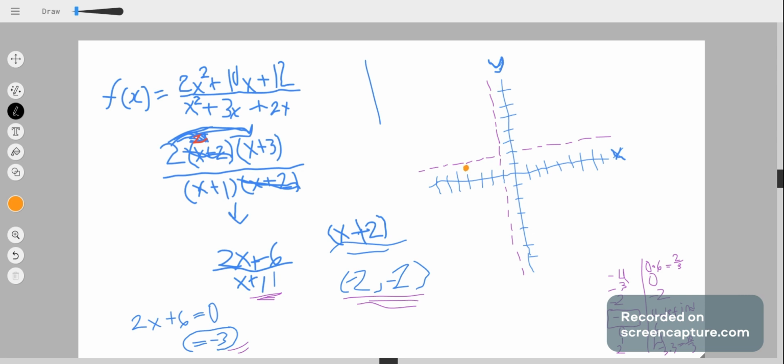And then the next one being negative 3, 0 is going to be right here, just on the x-axis. And then negative 2, 2. This one is going to be our hole, as we've established. So let me use a different color for this, and also make sure that it is rounded. And there we go. That is our hole.